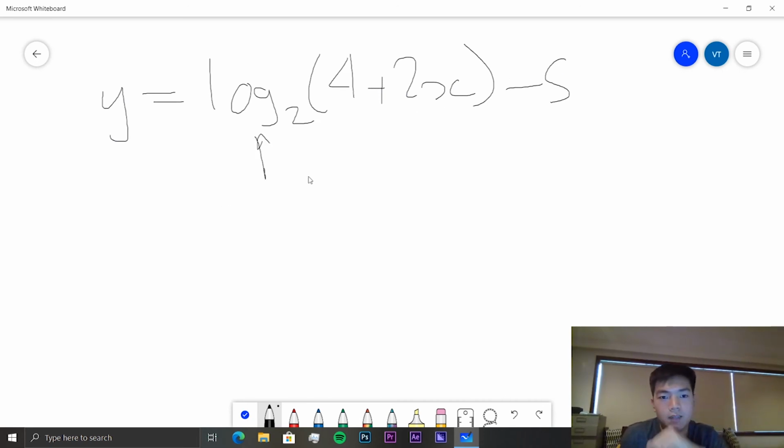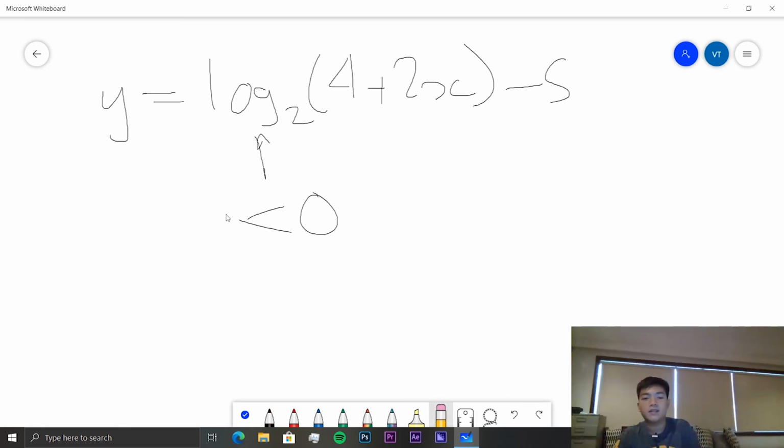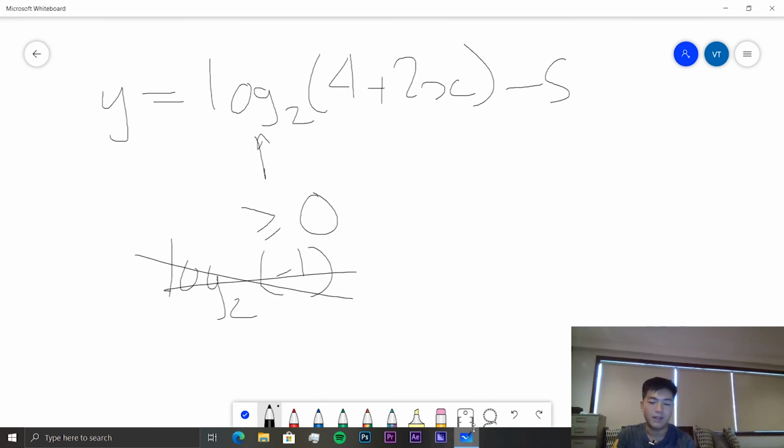What we need to know about the log function is that it has a domain where the argument has to be greater than 0. So, other way around, sorry. It has to be greater than 0. There are no negative log values. You can't have log_2 of negative 1. There's simply no value for that.